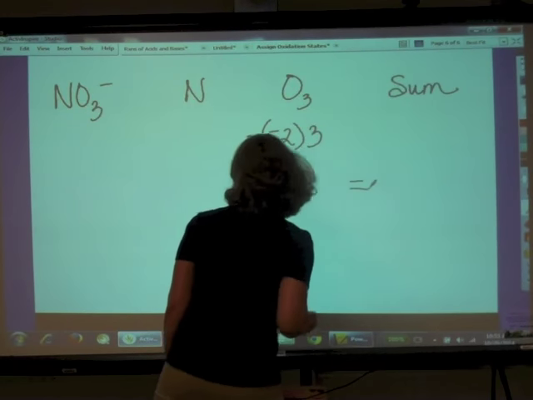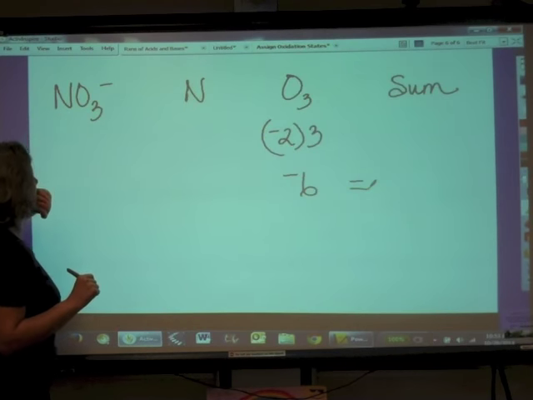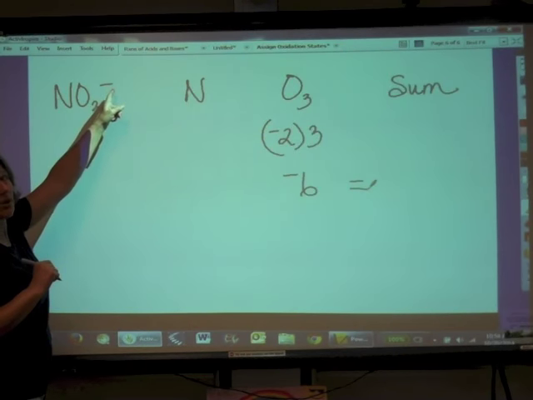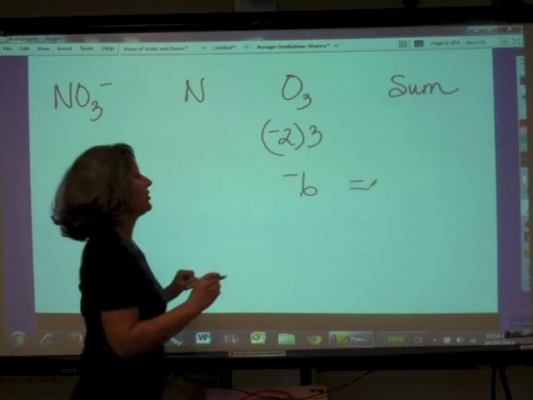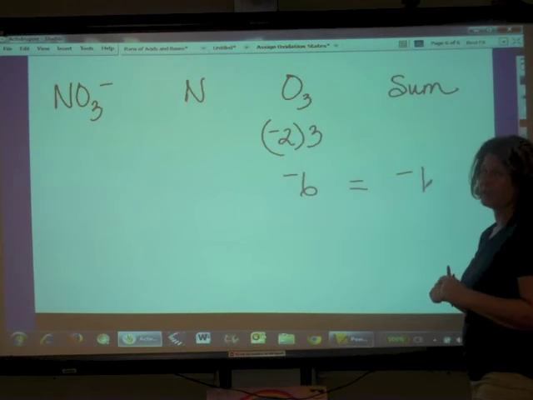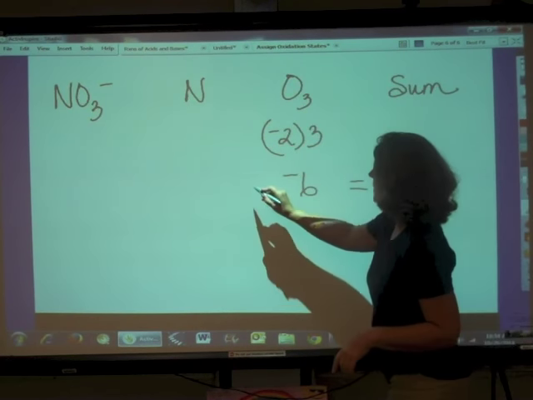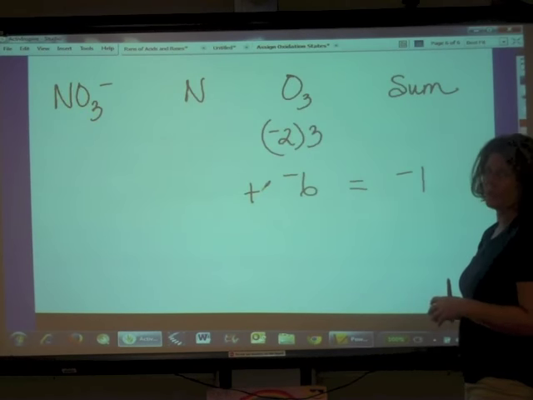Now, this is not an electrically neutral compound. This compound has a charge. What is the charge on this ion? Negative 1. So that means that our sum has to total negative 1. So what number plus negative 6 gives us a sum of negative 1?